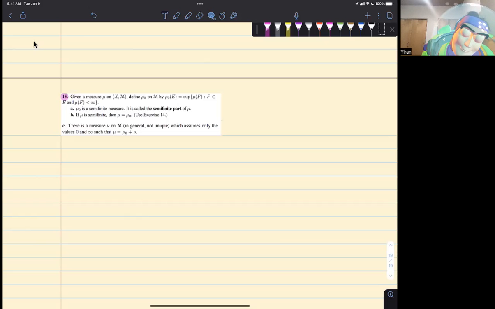Hence, the supremum, I just want to write it more completely. F is finite, is smaller or equal than this. And what is the supremum? That is mu_0(E).